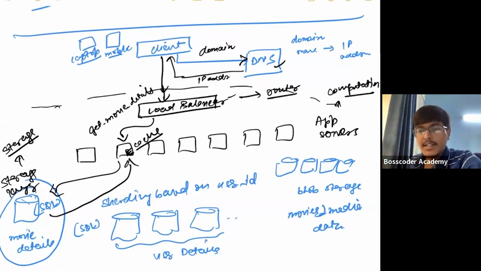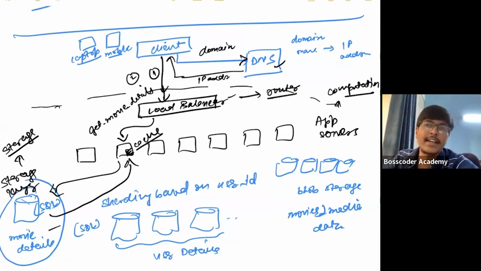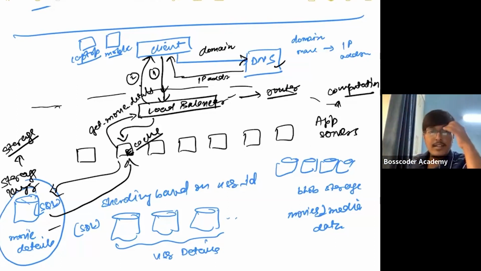An app-side cache, which will store the movie details, so that when the next user is coming, this is user 1, when user 2 is coming, it does not have to go to the database. It just directly gets those details from the cache and returns them to the client. Is this also clear? A quick yes if this is clear.